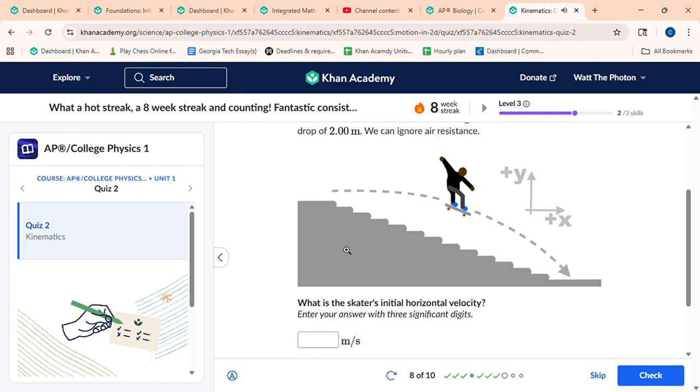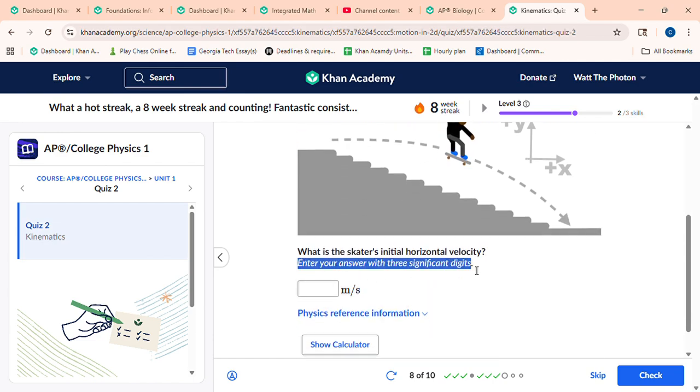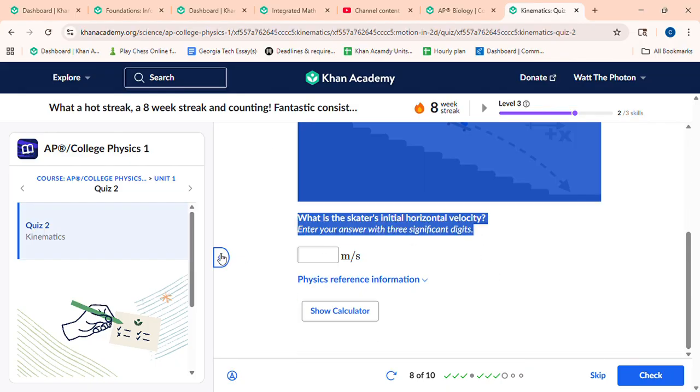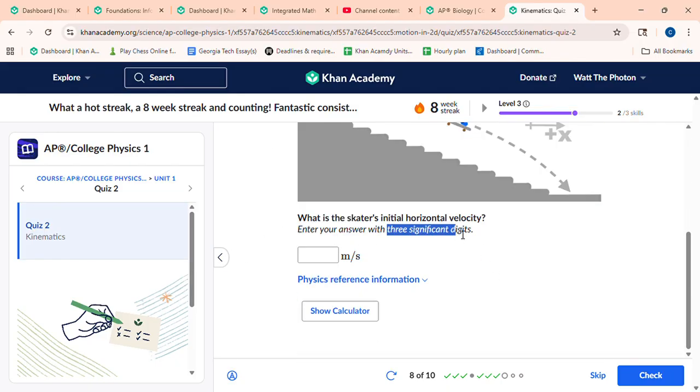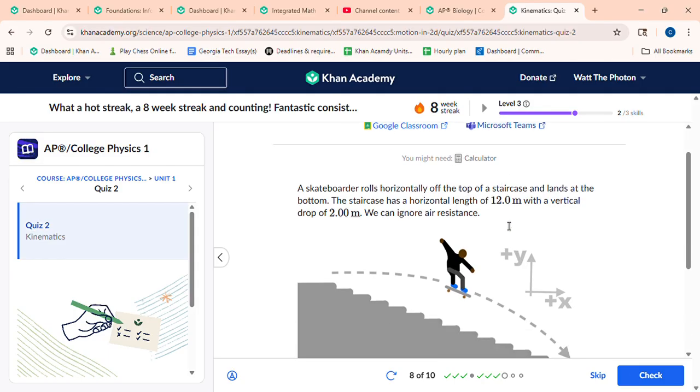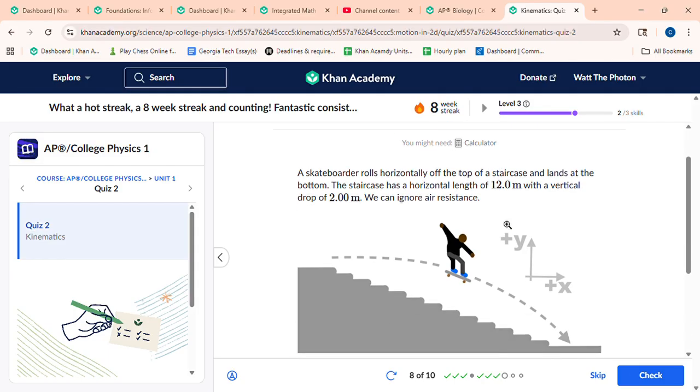What's the skater's initial velocity? Okay, 3 significant figures. The staircase has a length, so we'll just draw this out.